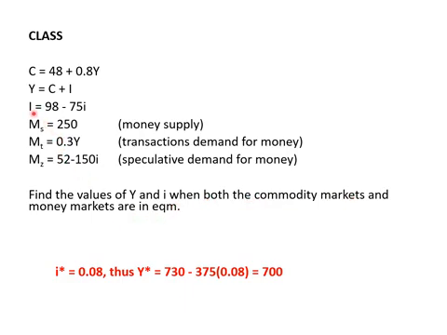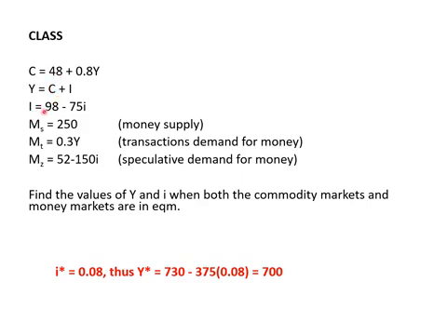So you need to start with each market separately and calculate the equilibrium equation. So here we've got y equals c plus I, which we know is the equilibrium condition in the commodities market. And you would want to substitute in for consumption. Here's the consumption function, substitute in.